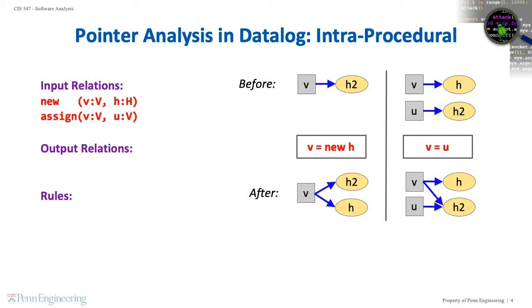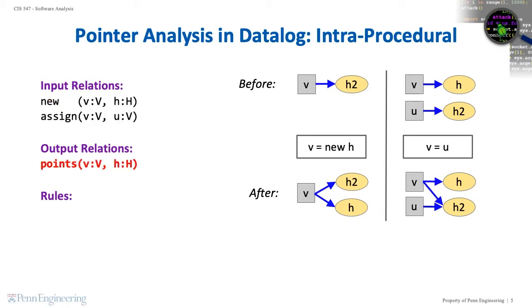And the second is assign(v, u), meaning that the copy assignment statement v is assigned u appears in the program. The letter capital V denotes the set of all pointer-typed variables, and the letter capital H denotes the set of labels of all object allocation statements.